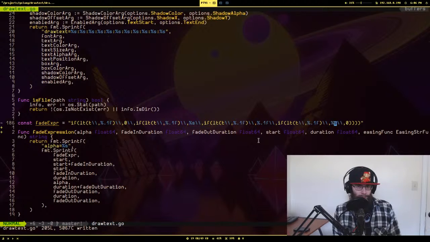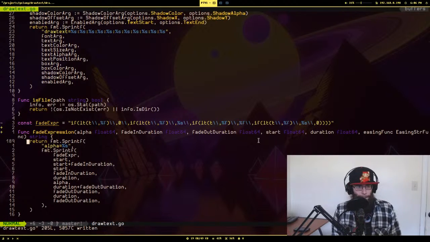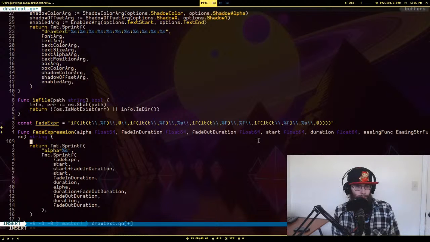Also, let me get rid of all these. What is this line? 186, not 106. %.1f replaced with %f. Expression equals, let me see, fmt.Sprintf.